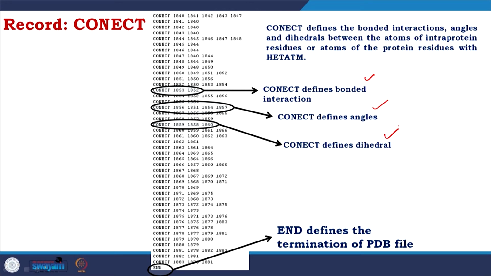Why? Because now all the standard softwares already calculate this and take them immediately. So, you do not need to have a CONECT file, because the CONECT file would be calculated and created by the software. At the end of the PDB file, you have to write END.